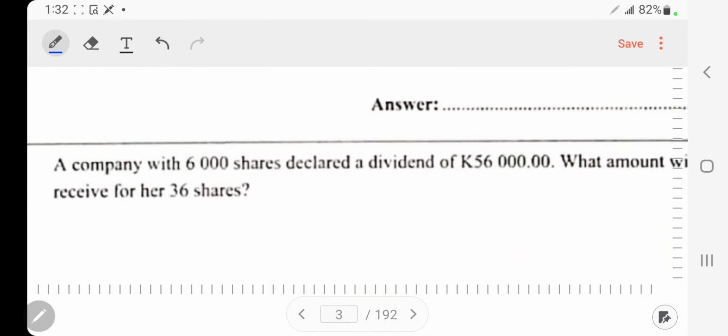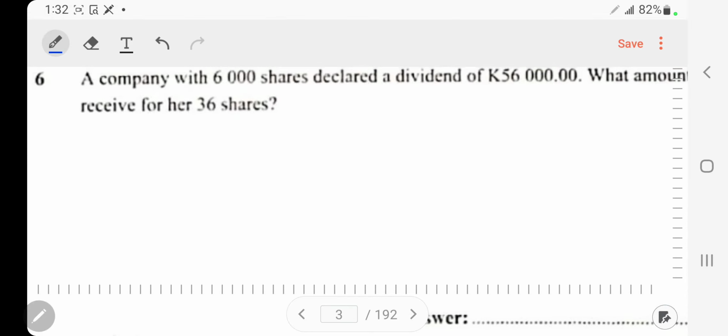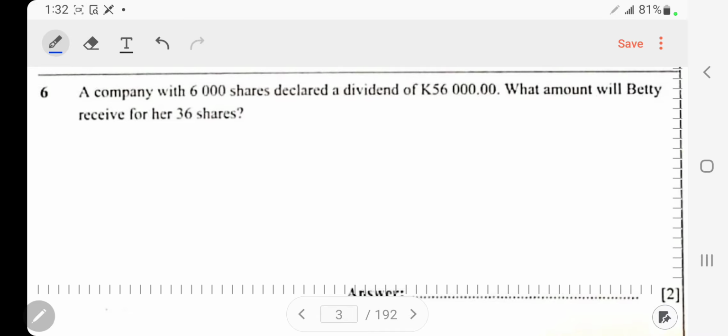So moving on, we have question 6. We have been told that a company with 6,000 shares declared a dividend of 56,000. What amount will Betty receive for her 36 shares?